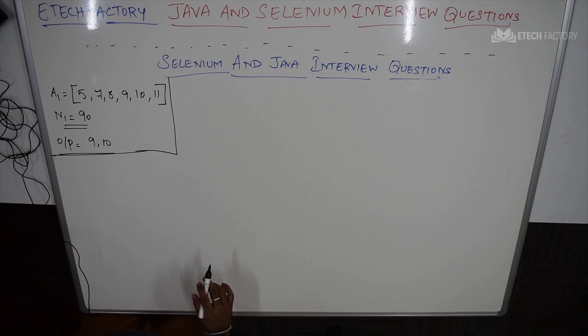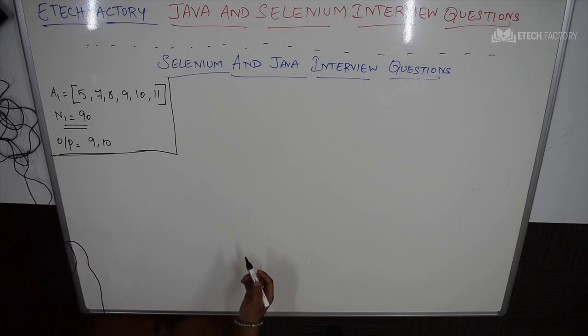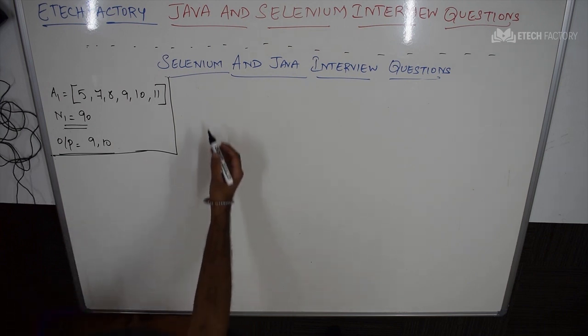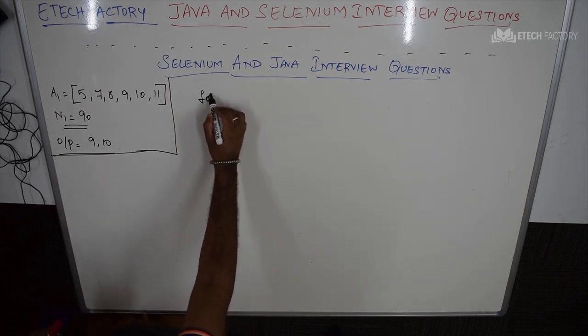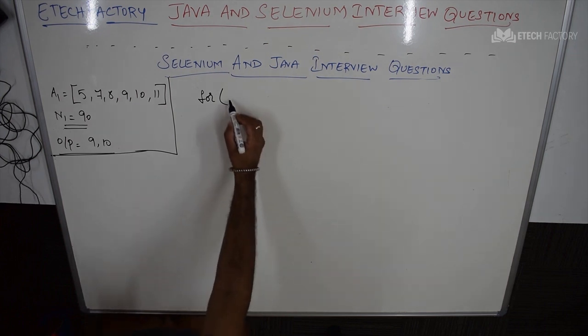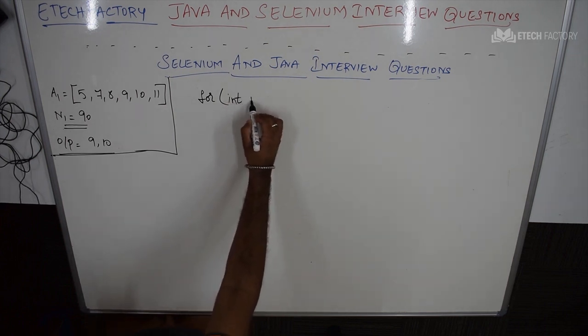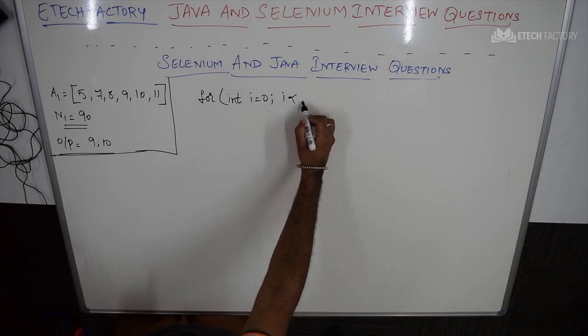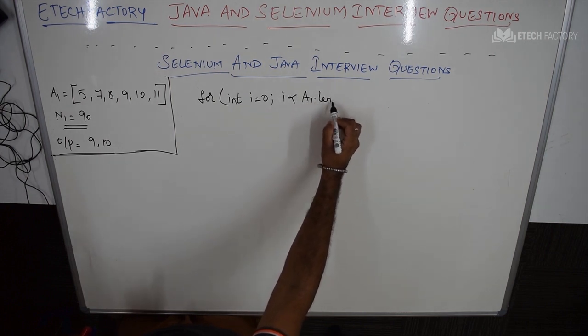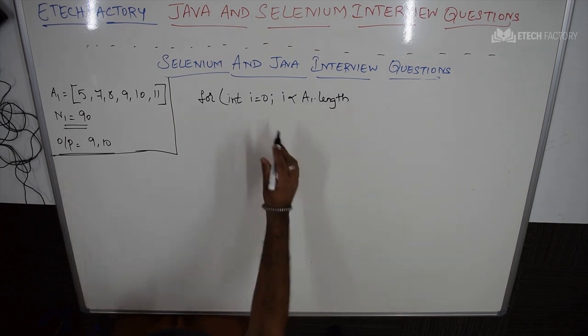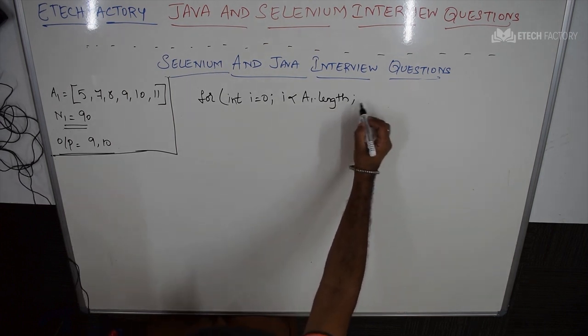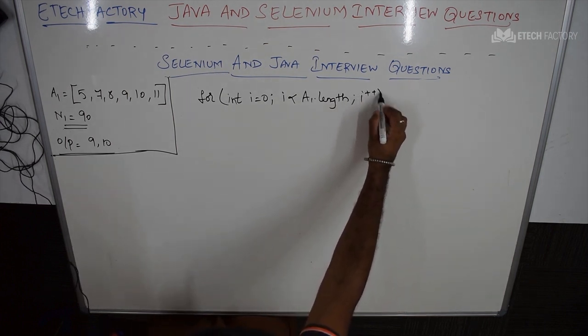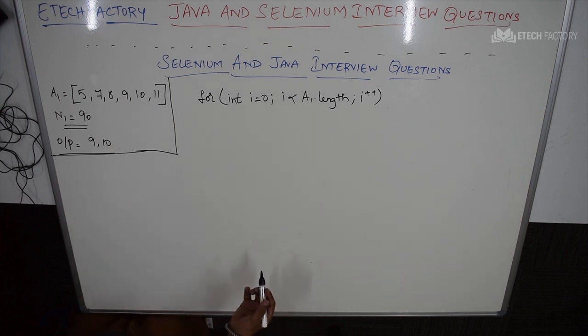Now the logic will be explained with the help of loops. I'm going to take two loops. One is the first for loop. Here I'm going to initialize int i equals 0 and i less than a1.length to get the boolean expression, and i plus plus, which is going to increment the loop each time.